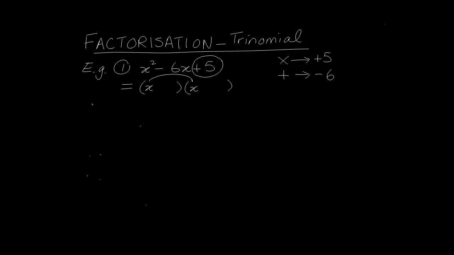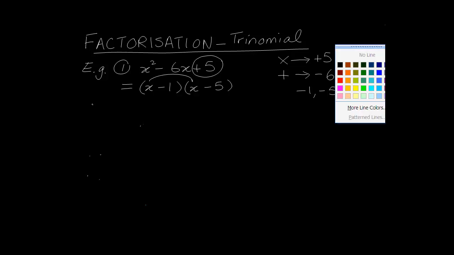Thinking of the factors of 5, it's really only 1 and 5. So let's try negative 1 and negative 5. Negative 1 times negative 5, yes, they will multiply to give me positive 5, and negative 1 plus negative 5 gives me negative 6. So that combination works, which means my brackets will have negative 1 in one of them and negative 5 in the other.